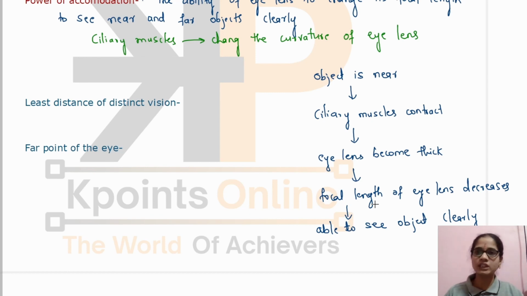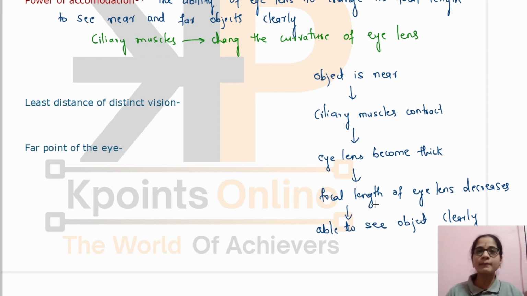Are you able to see the letters printed on your notebook or textbook? Actually, it is not possible. Why? Because our eyes have a certain limit of distance at which we are able to see an object clearly, and below that distance we are not able to see the object clearly.